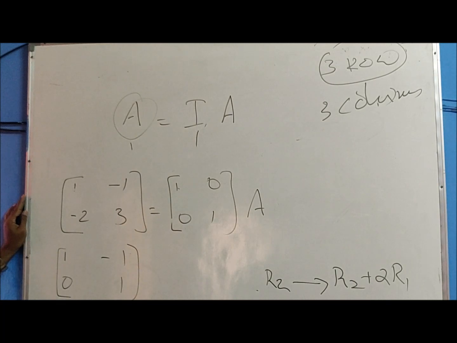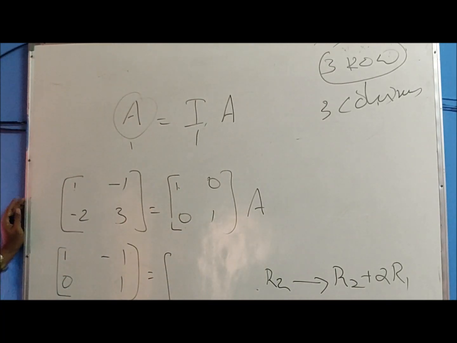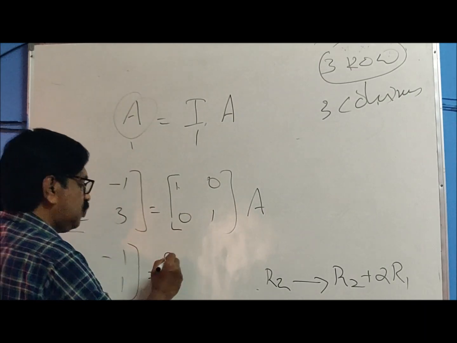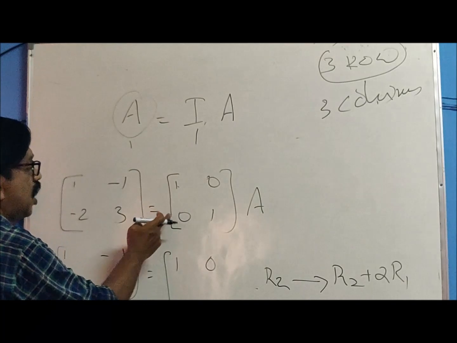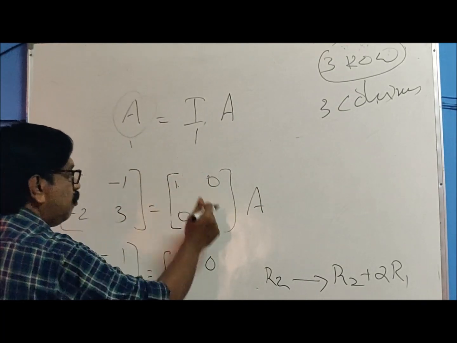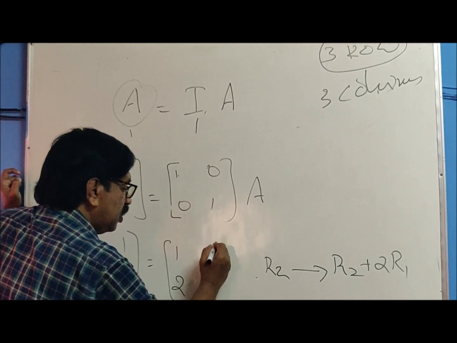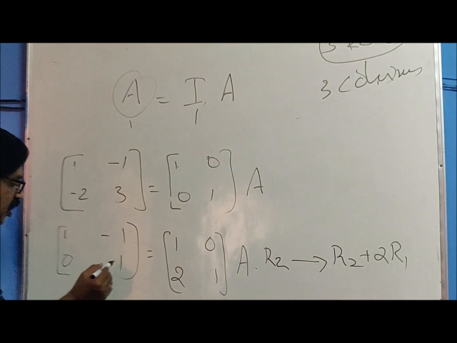The same operation here we are going to do. R1 no change. R2 is changed to R2 plus 2R1. 0 plus 2, it is 2. Then 1 plus 2 into 0, that is 1 only, into A.